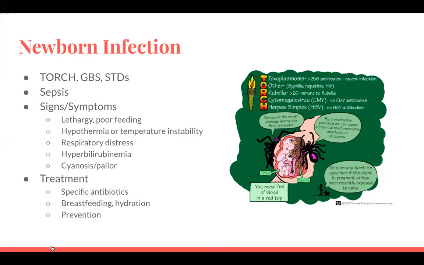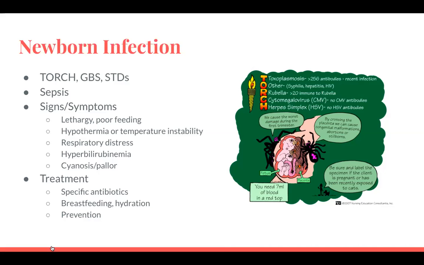So the mom, remember that for toxoplasmosis, you want to avoid raw meats during pregnancy, because that can cause different infections or problems with the fetus. STDs: chlamydia, gonorrhea, hepatitis B, trichomoniasis, syphilis. You want to be aware of those. And then group B strep. If the person is group B strep positive, then you need to get antibiotics.